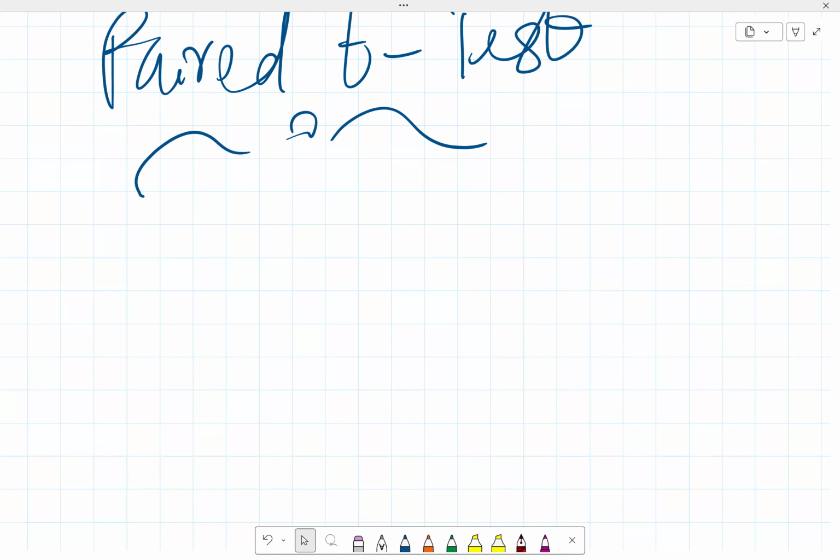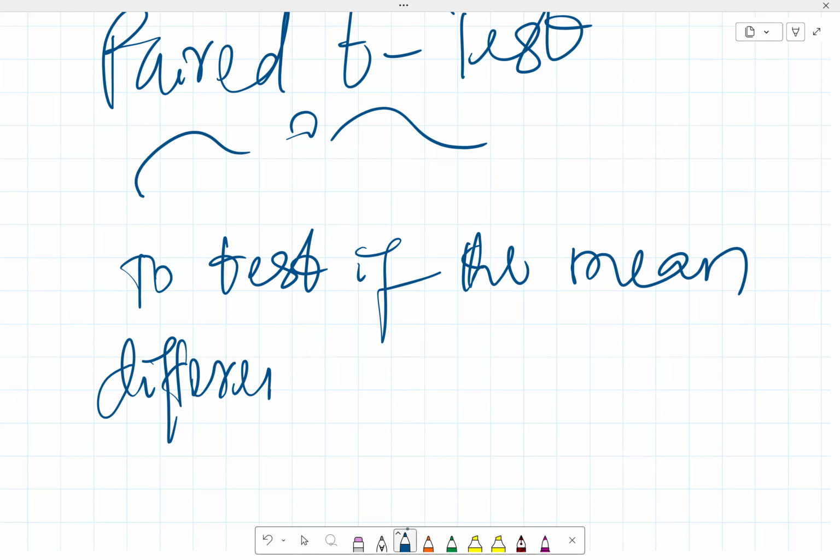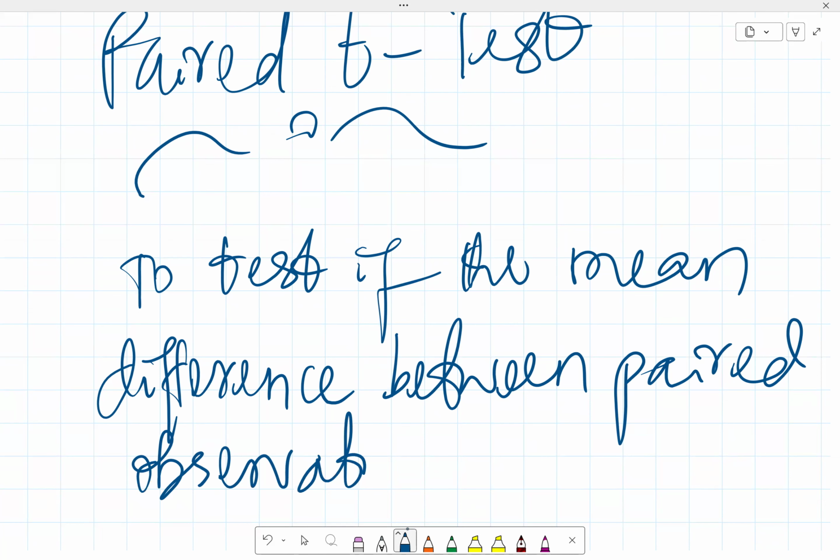Of course, we have metrics for measuring how this works. The key assumption is that differences are approximately normally distributed. So if you want to write something for this, you want to test if the mean difference between paired observations is zero.